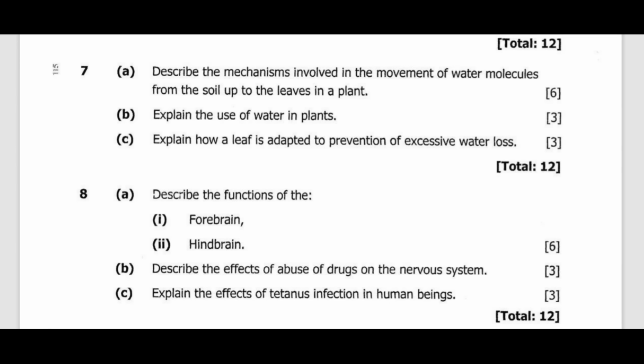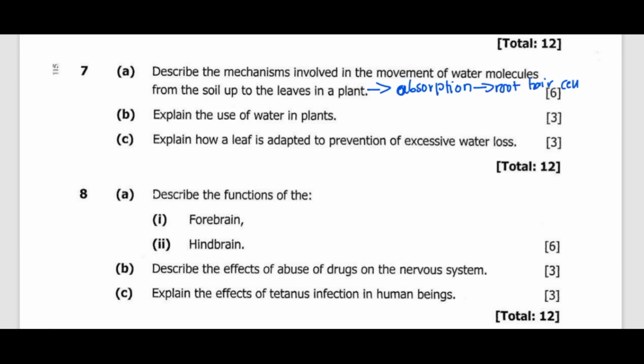So for the movement of water, the first thing must begin with the absorption. How is water moved from the soil into a plant? The absorption is done by the root hair cell. That is the first one. So water is absorbed by root hair cell.